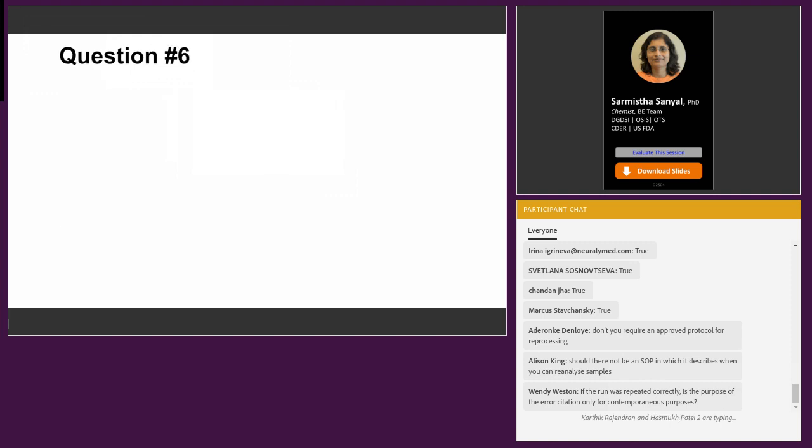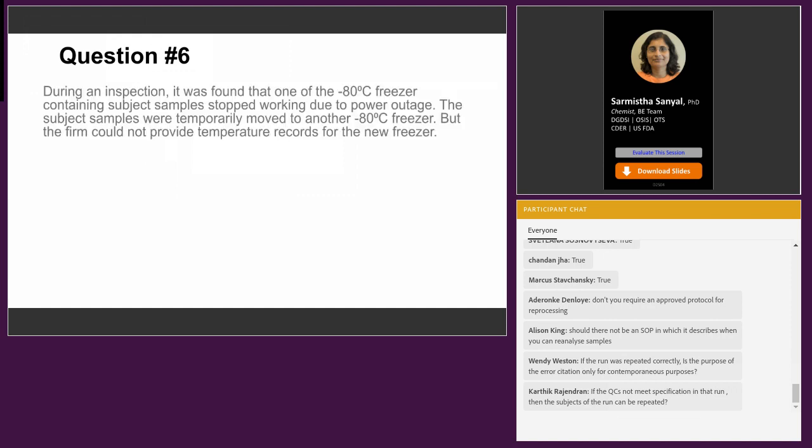Okay, I think we can move to the next question here. It's the last question related to case study 2. During an inspection, it was found that one of the -80 freezers containing subject samples stopped working due to a power outage.